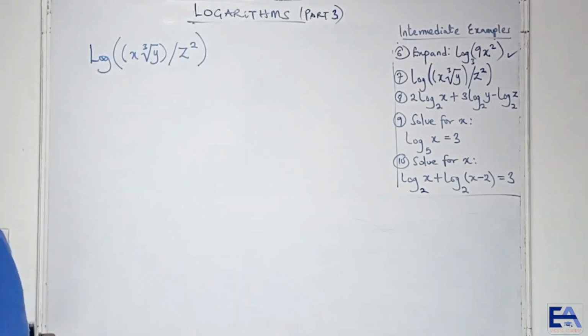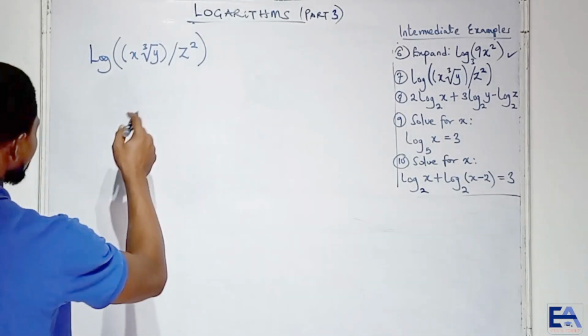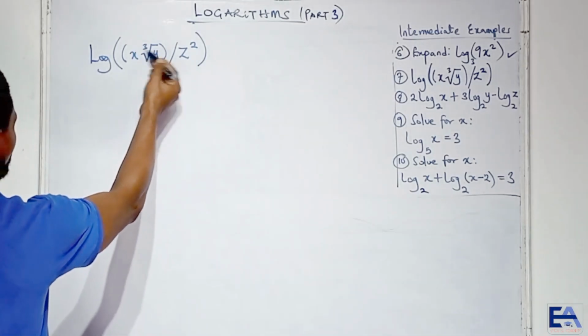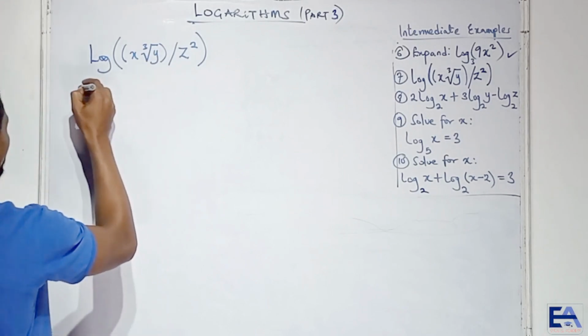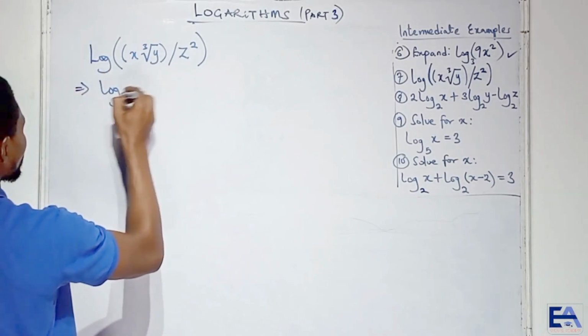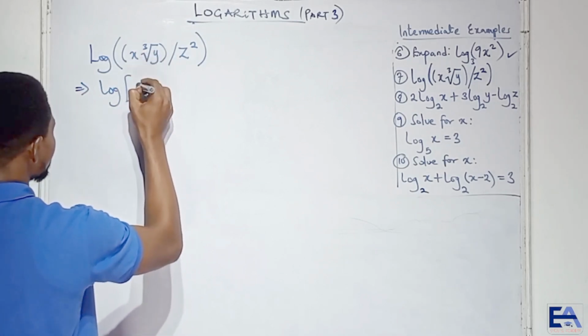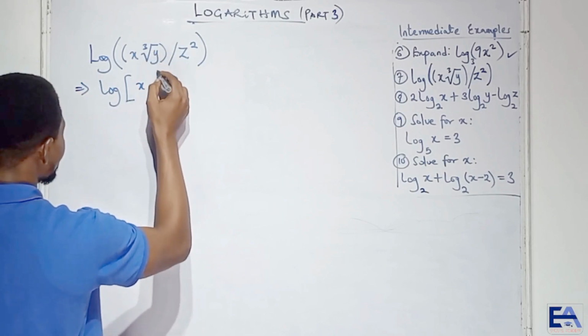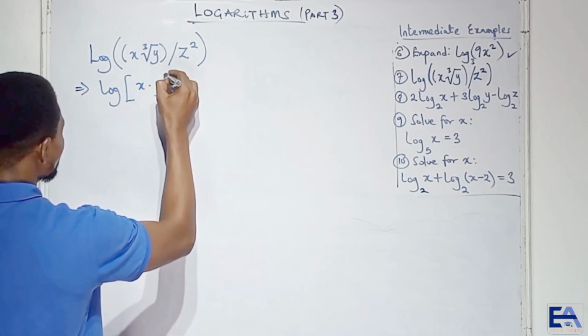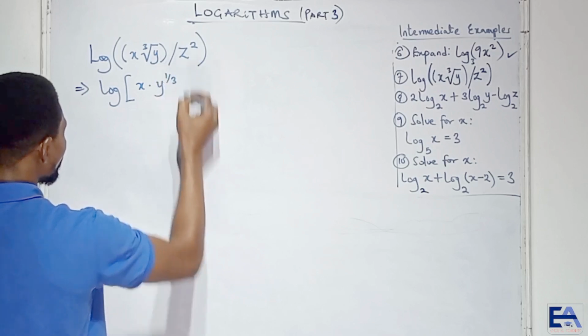So let's go. What you do here, you might just want to change this thing to another form. Make it look like log x multiplied by y raised to power 1 over 3.